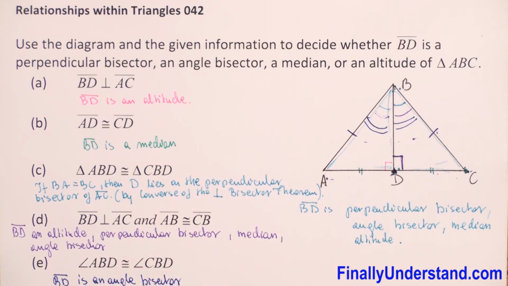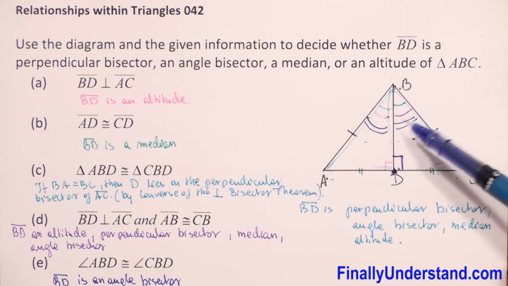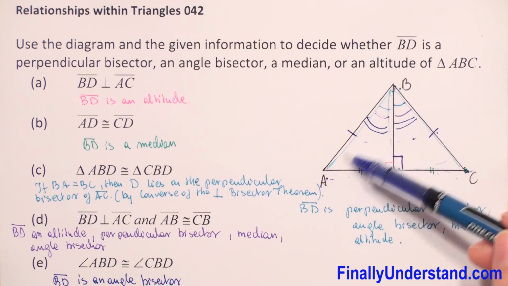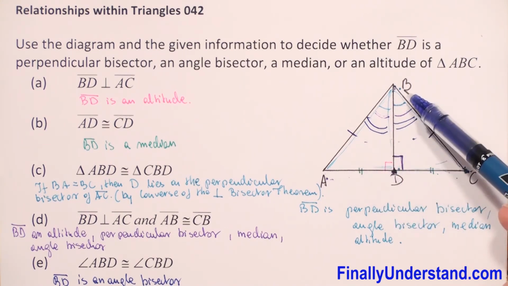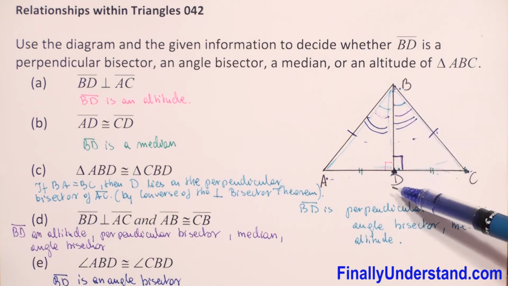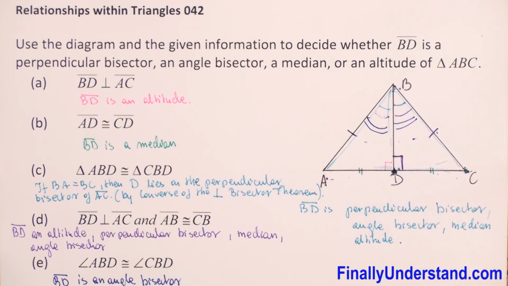We know that angle bisector is a segment that divides an angle into two angles that are congruent. Angle ABD and CBD are congruent. So it means that BD is angle bisector.